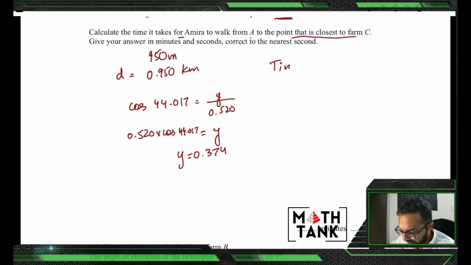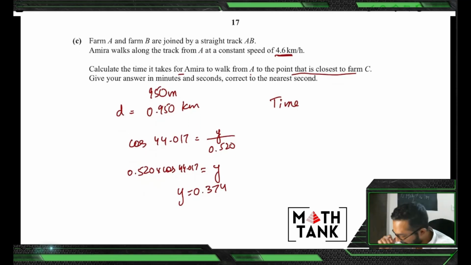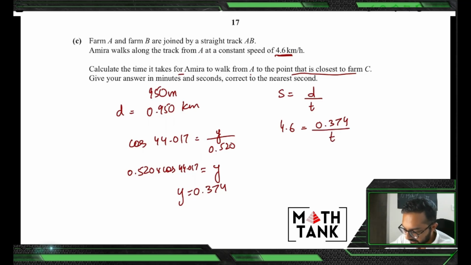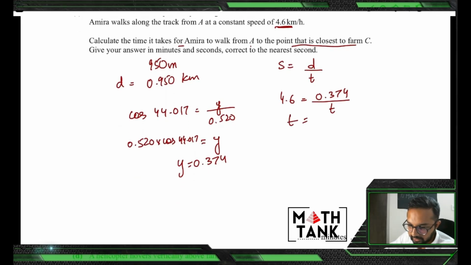I have to find the time correct to the nearest minutes and seconds. So let's just find it in hours first, and then we'll change it into minutes and seconds. Speed equals distance over time. Speed is 4.6, the distance is 0.374, the time is unknown. So 0.374 divided by 4.6 gives me 0.081304.